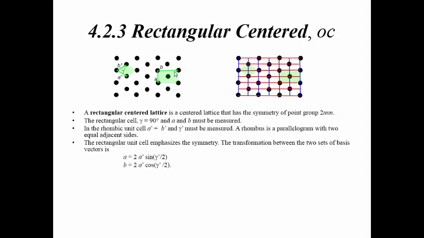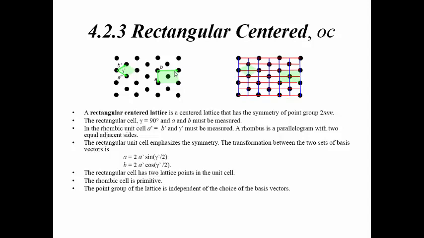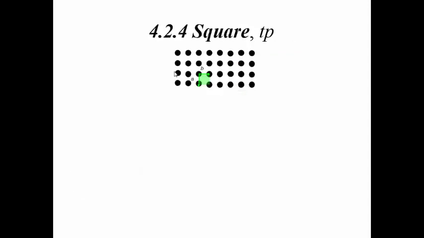And here's the transformation between the two, between the a and b of the centered cell and a prime, gamma prime of the rhombus-shaped cell. The rectangular cell is going to have two lattice points in the unit cell, and the rhombic cell is primitive. The point group of the lattice is independent of the choice of the basis vectors.